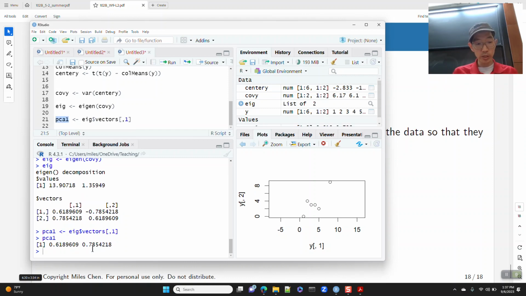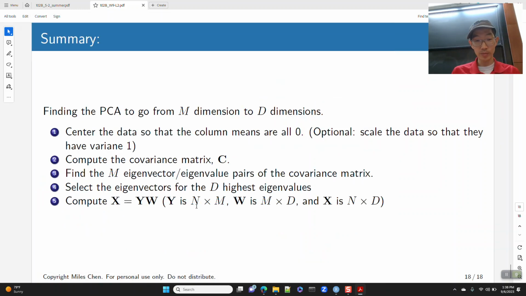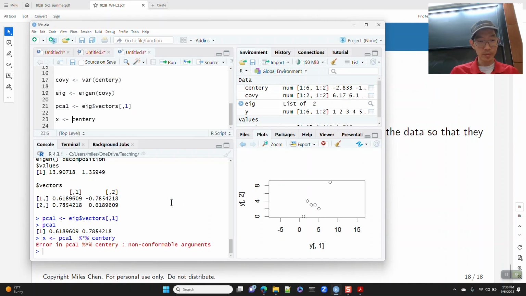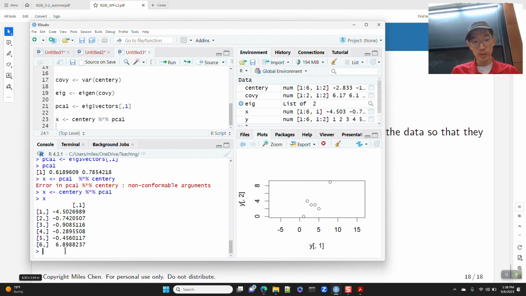So this is PCA1. And so now my x is going to be PCA1 times centered y. Oops. Of course, I have to do y times w. So this is what our data looks like if I rotate them.